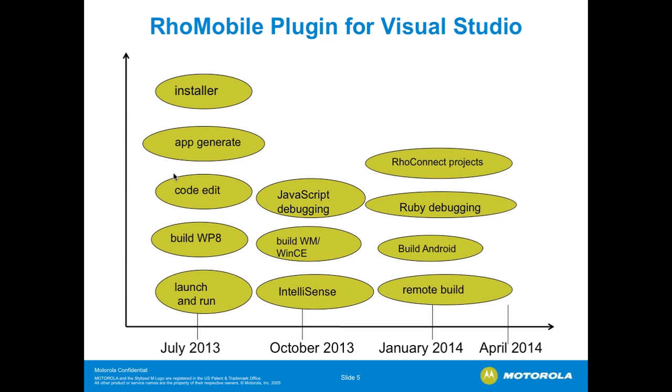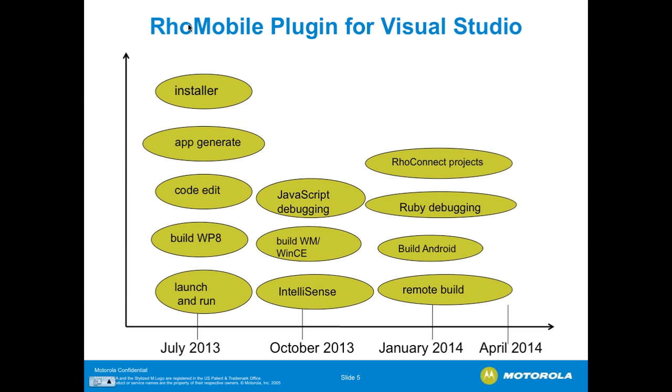Note that we are not abandoning Rho Studio. It's still an important tool for us. We just want to make sure that if you're using Visual Studio, that you can continue to use that and still use RhoMobile Suite.